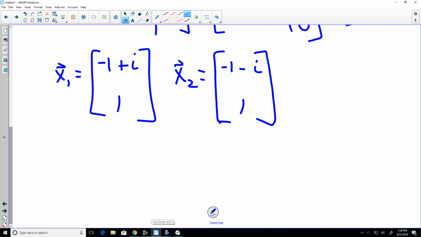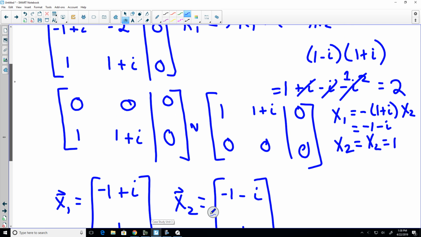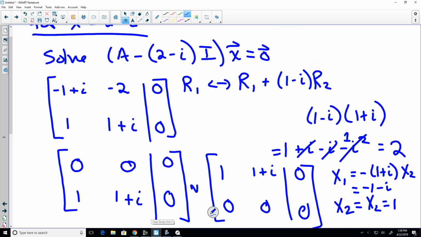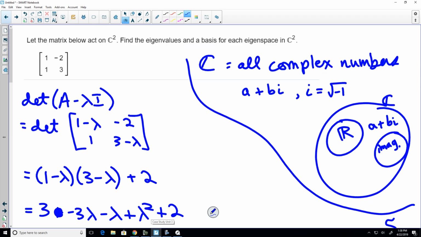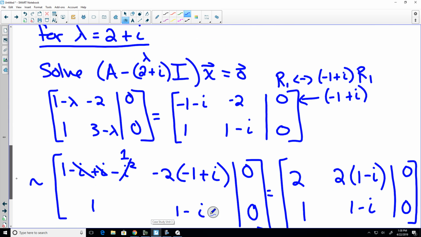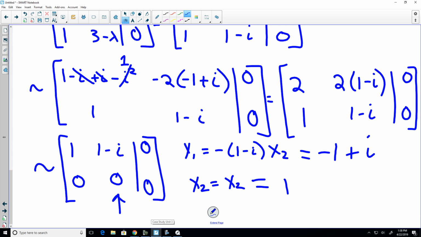So your eigenvalues always come in conjugate pairs, and their eigenvectors will be conjugate pairs, which means actually we didn't have to do all this for the second eigenvector. Once we knew the first eigenvector was -1 plus i, 1, we could have created our second eigenvector automatically, just with the conjugate. And it always works.